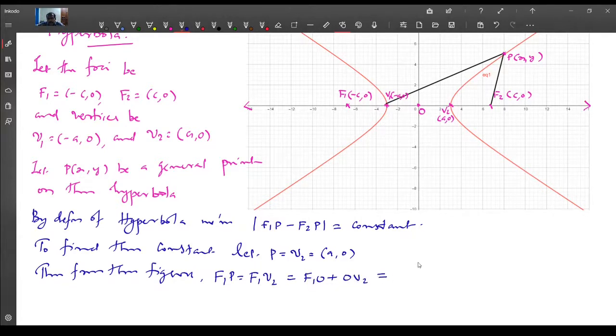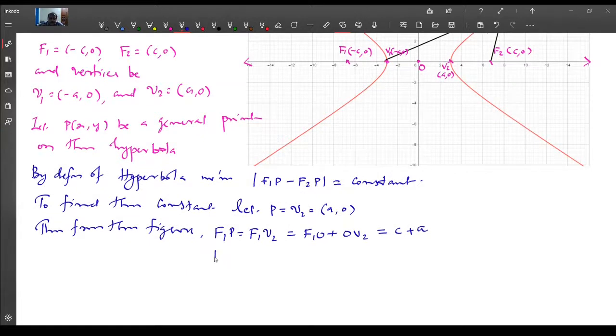That is, F1O is c, the distance F1O is c, plus a. And F2P equals F2V2, which equals OF2 minus OV2.